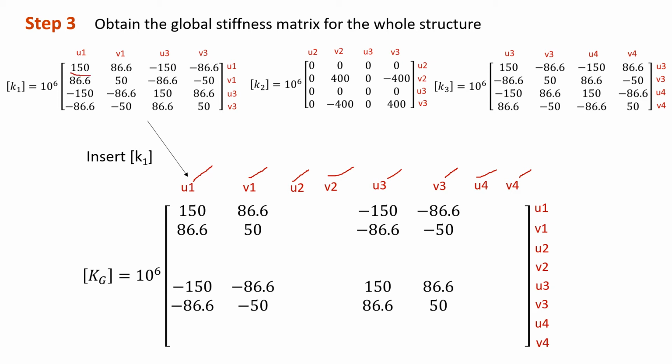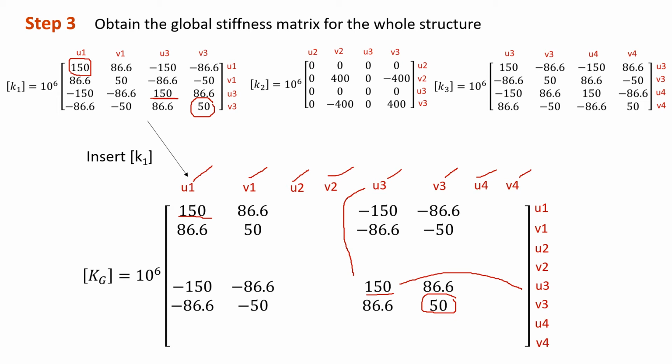So we just need to insert this matrix according to its position. For example, here we have 150 at U1 and U1. That's why we insert 150 here at U1, U1. For example, if you want to insert U3, U3, which is 150, you have to check U3, U3 here. Another example, V3 and V3 is given by 50, so check in this matrix where V3 and V3 is; just follow the position.